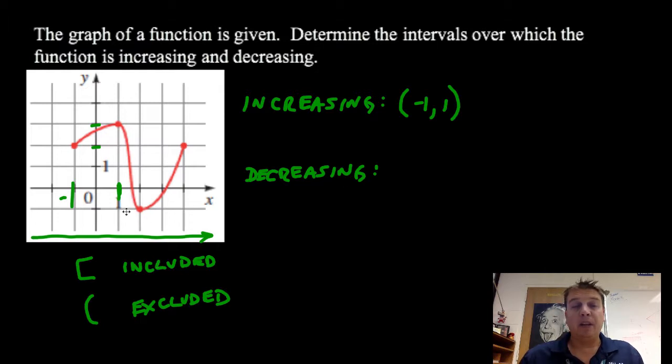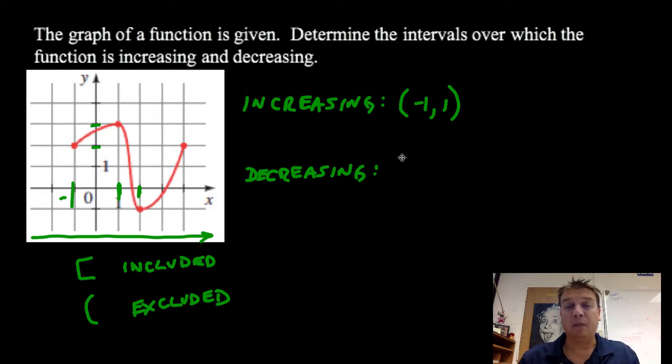Okay? So now we look at the next interval. Here's my turning point, and I look to where the next turning point is. The next turning point's there. My graph goes from 3 all the way down to -1. So that means this is a decreasing interval. So between the points 1 and 2 on the x-axis, this graph is decreasing in value.